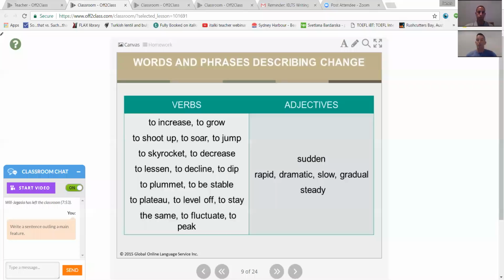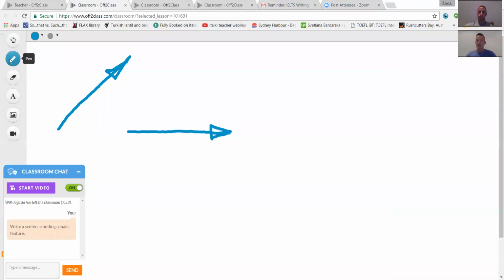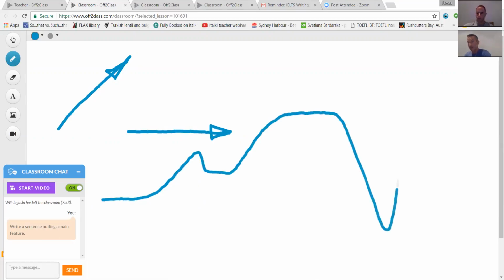One of the things I do with my students is actually do a line over time, and I'll mark the line and then start off, and then we'll do an increase, and then I'll do just a small dip, and then I might do a rise, and it plateaus off, and then it plummets, and then it might soar, that kind of thing. So you're getting the student almost to describe in real time what's happening to whatever the piece of data is.